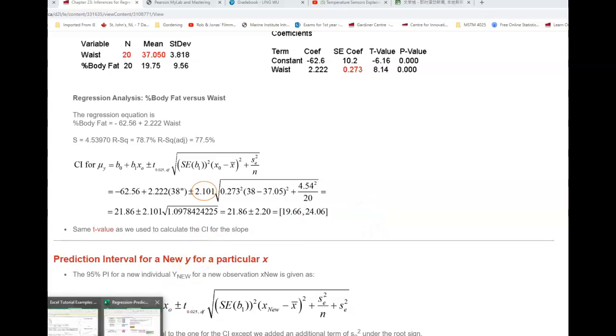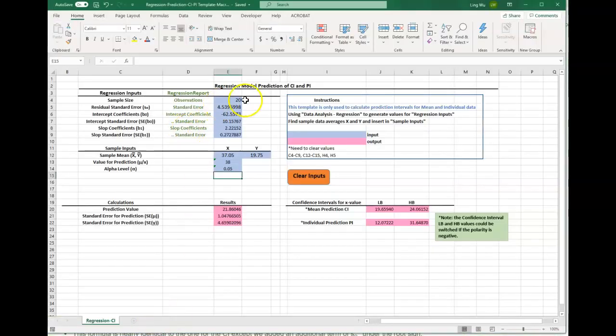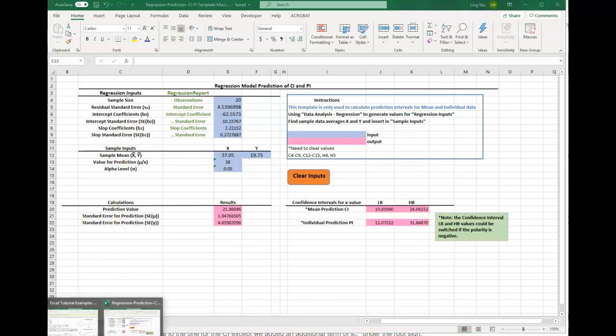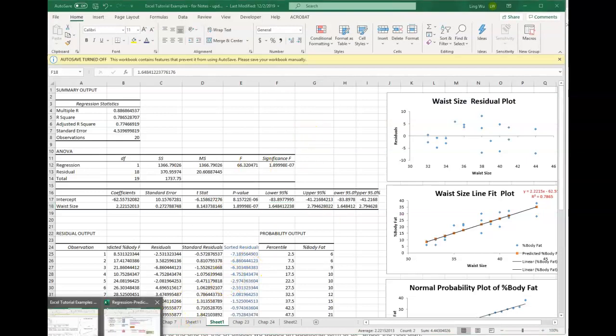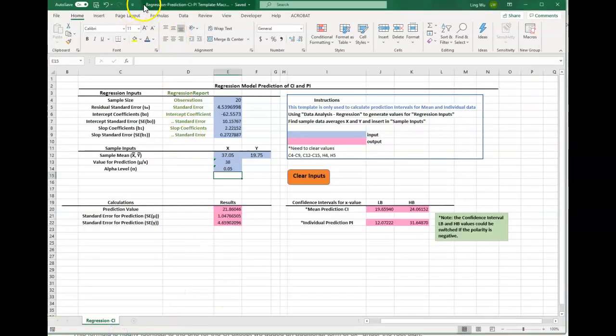That's why we need the templates. I designed the templates for regression model prediction of the confidence interval and prediction interval. So that's the regression prediction confidence interval and prediction interval templates. Let's take a look at how we fill this table, and we get these two values from this one and from this one.